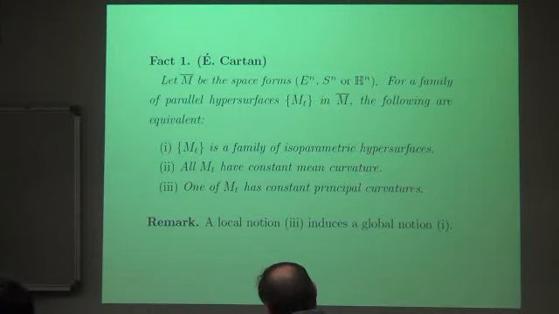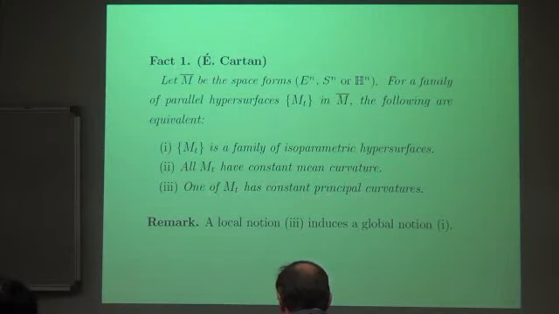The family of parallel hypersurfaces is a family of isoparametric hypersurfaces, which means that there exists a global function on this Riemannian manifold, and each M_t is given as a level set. This holds if and only if all the hypersurfaces have constant mean curvature. And this is also if and only if one of the M_t has constant principal curvatures.